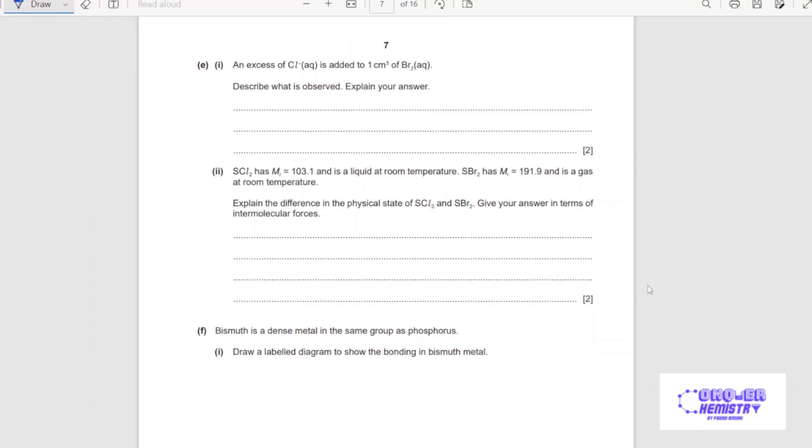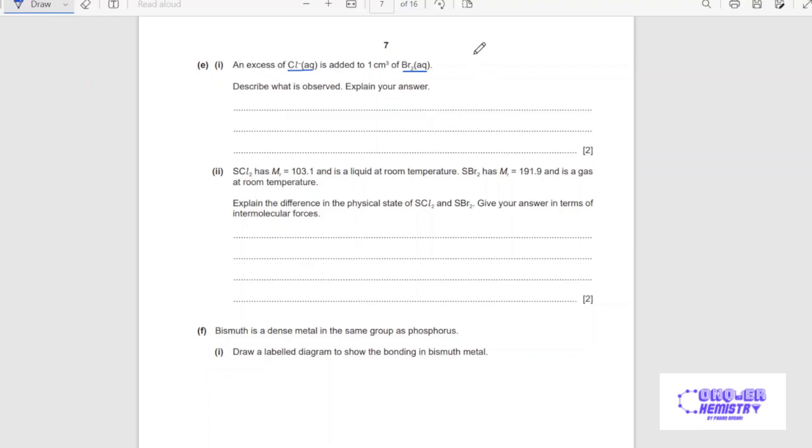It says an excess of chloride ions is added to 1 cubic centimeter of aqueous bromine. Describe what is observed. Explain your answer. All right. So now we could expect a displacement reaction to occur because you are adding a halogen to a solution of halide ions. But remember that the reactivity of the halogens decreases down the group.